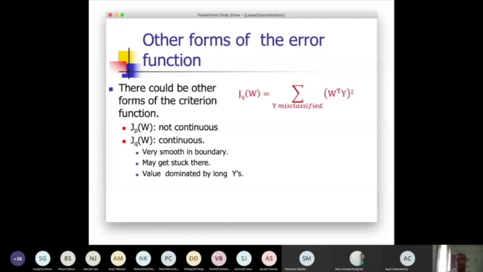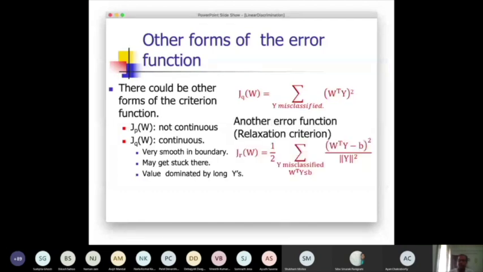So another error criterion is that you can consider strong misclassification cases. That means you can allow certain kind of negative values with certain tolerances because of noise, etc. So only if your value is less than a margin, that means you are shifting your hyperplane towards the direction of the negative half.